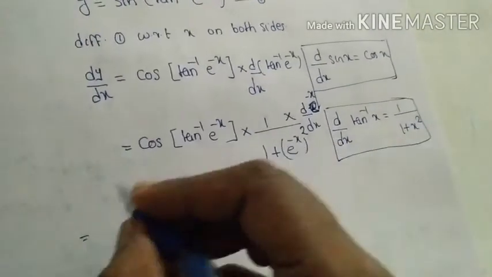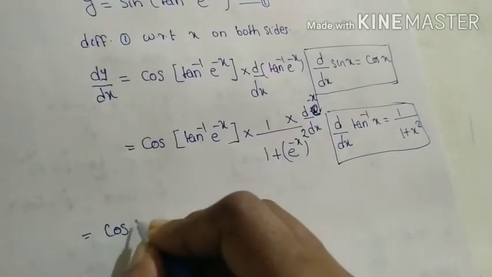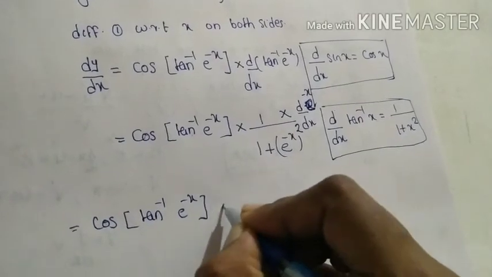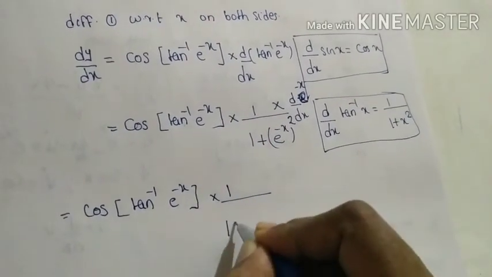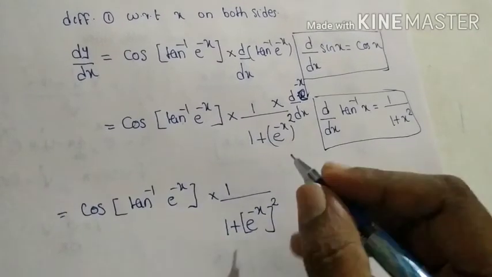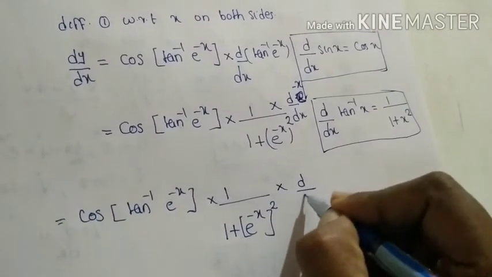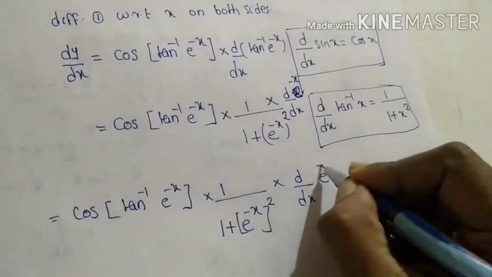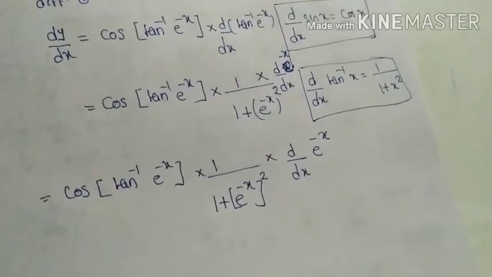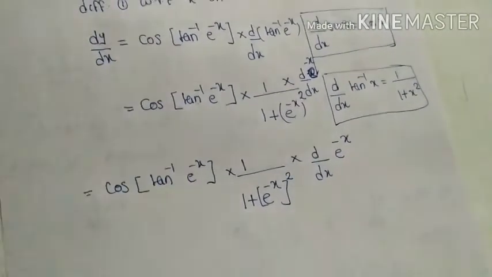Once again, I write here cos of tan inverse of e raised to minus x into 1 divided by 1 plus e raised to minus x whole square into derivative of e raised to minus x, because e raised to minus x is another function. So we need to apply chain rule here.